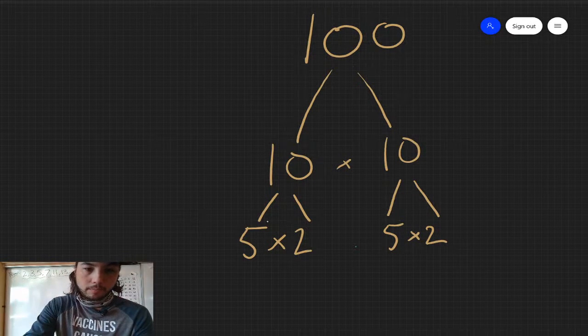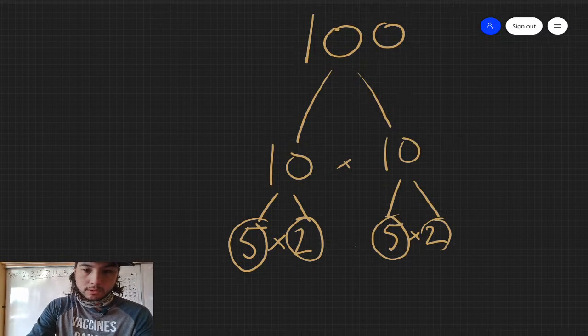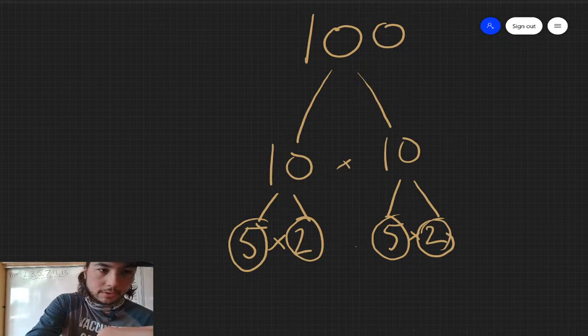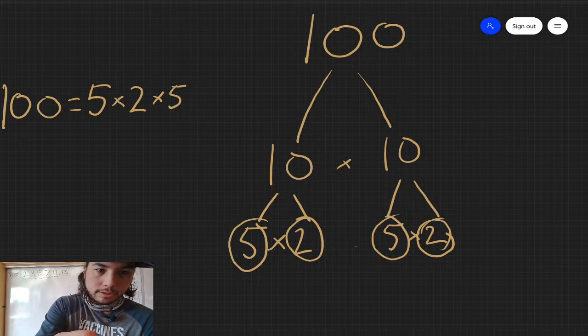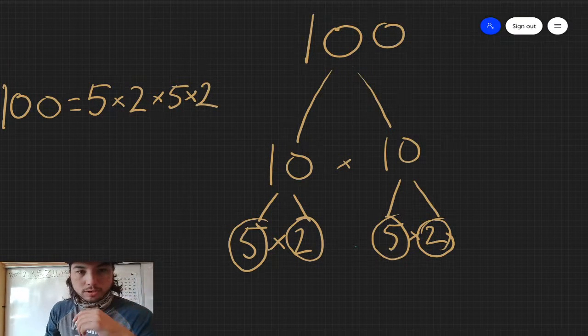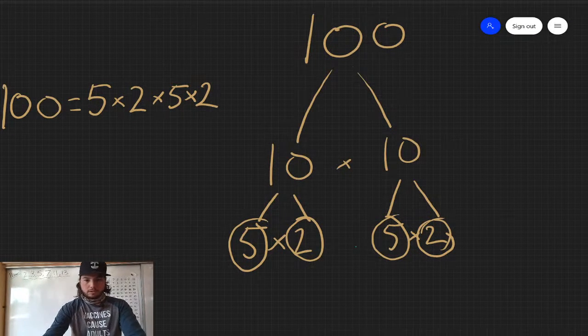Yes, they are. So what you end up with is a final equation of 100 equals 5 times 2 times 5 times 2. You could put this in a different order if you wanted. You could say 5 times 5 times 2 times 2, and it would be the same thing.